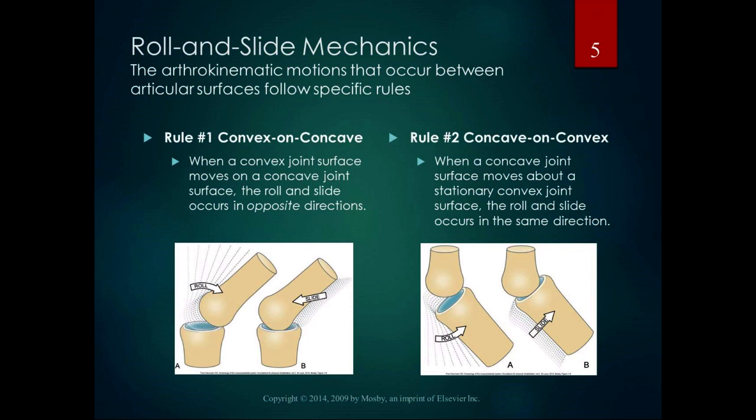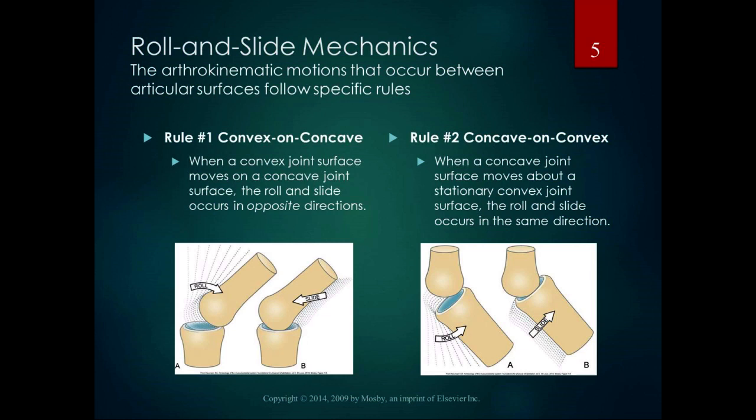We need to know which ways it's going to roll and which ways it's going to slide. So when we're in the lab in April and in May and in June, we're going to have bony models, and we're going to practice these convex on concave movements, and we're going to see what happens. But right now we're just going to define it, and it may or may not make any sense.